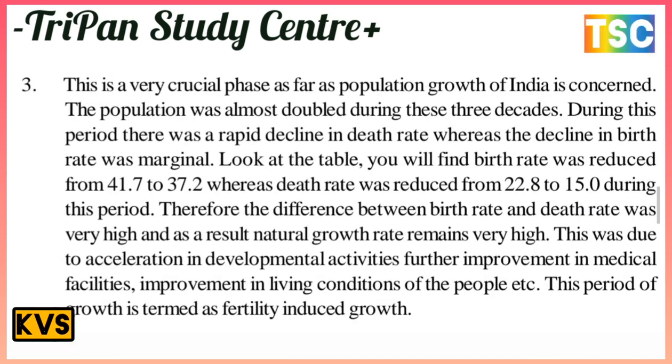The third phase is a very crucial phase as far as population growth of India is concerned. The population almost doubled during these three decades. During this period, there was a rapid decline in the death rate, whereas the decline in the birth rate was marginal.